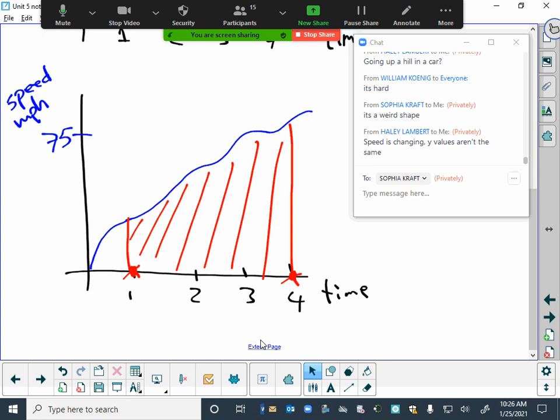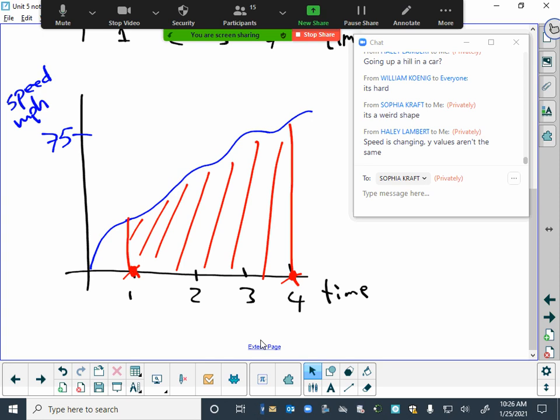So, does that mean that it's impossible to figure out how far this car traveled between hour 1 and hour 4? I mean, certainly the odometer on the car, if you were paying attention to it, will tell you exactly how far you went in that amount of time. Okay?